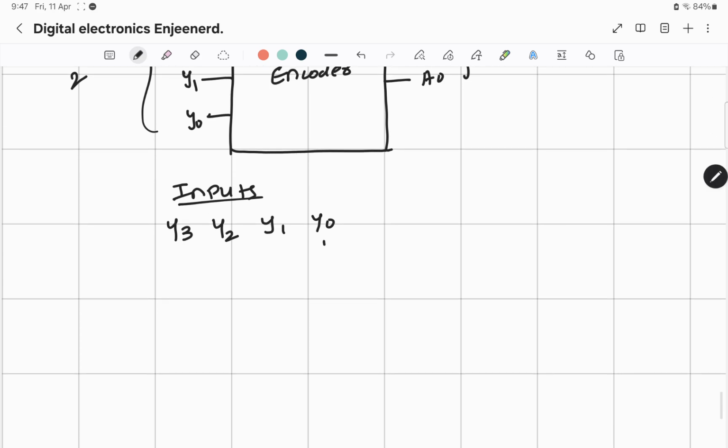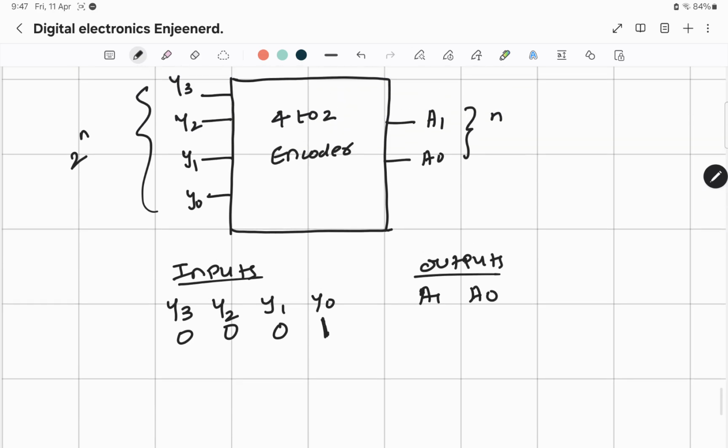So let us consider y1 to be high here, all others are 0. For this, my outputs are a1 and a0. Say if y0 is 1, then y0's binary equivalent, which is 0 0, will appear at this point.